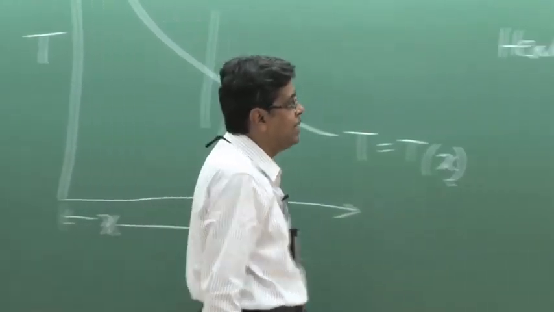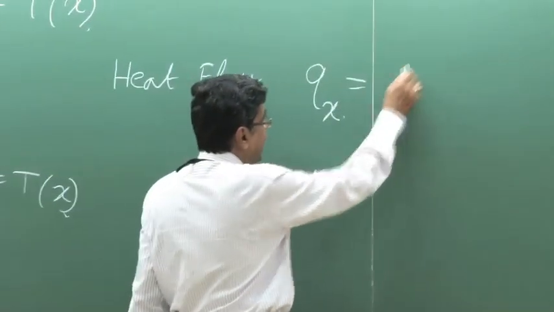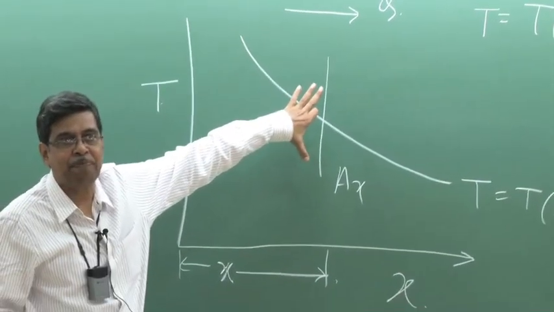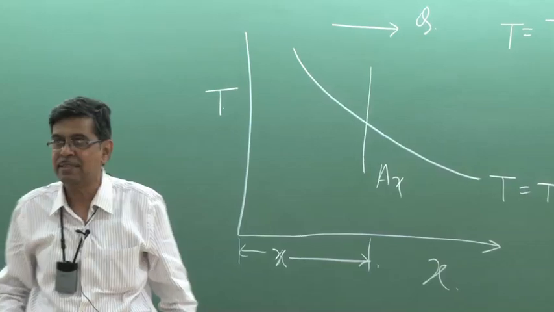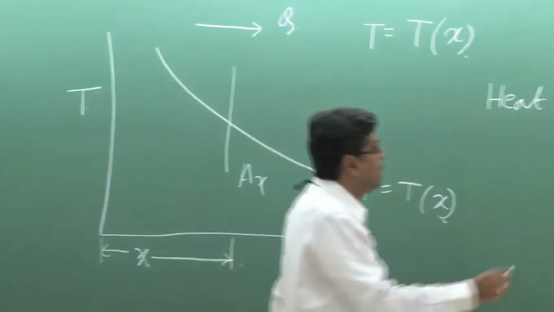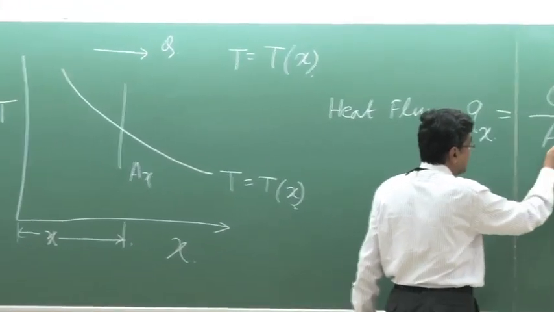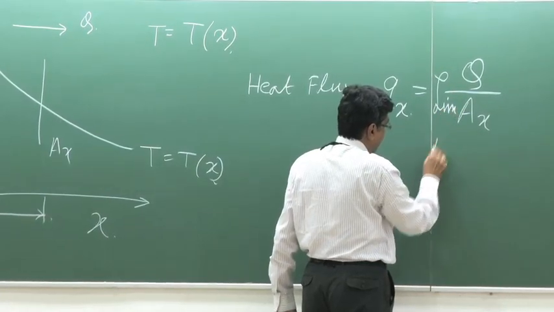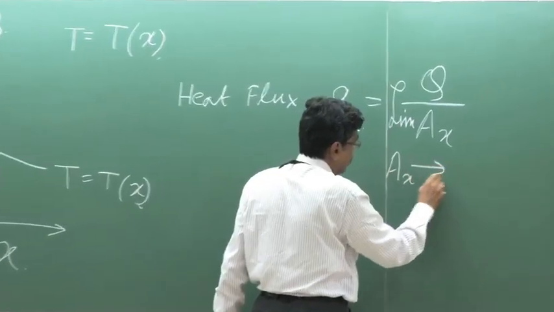which is defined like this: if the total heat transfer through a finite area Ax that I prescribe is Q, then Q by Ax, limit Ax tends to 0.